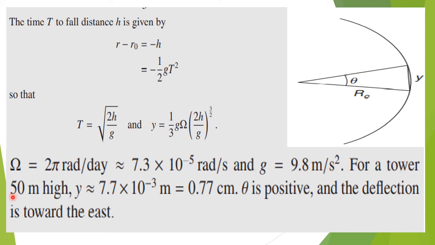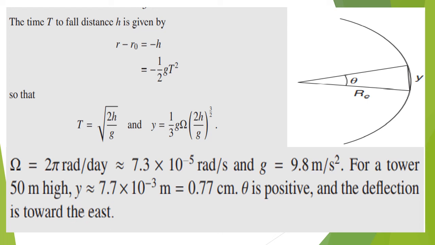For a tower of height h equal to 50 meters, substituting all in this equation, you get y is equal to 0.77 centimeter. So a distance of 0.77 centimeter is displaced during the free fall of a mass m from a height of 50 meters. Since θ is a positive value, the deflection is towards the east.